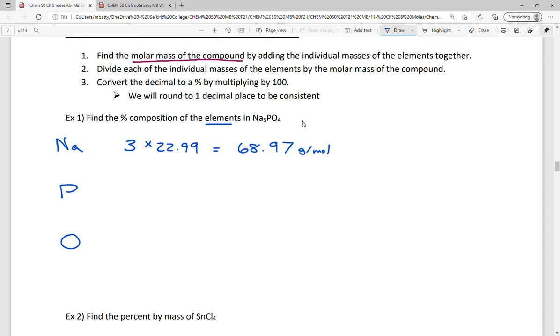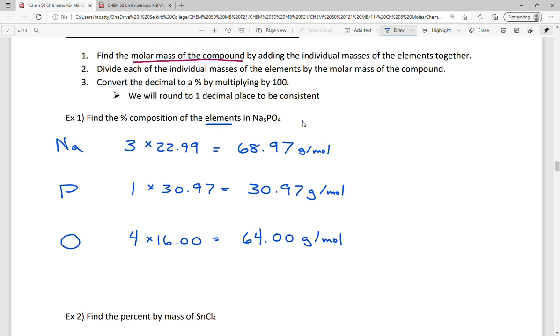And phosphorus, there's 1 part phosphorus at 30.97, so that's just 30.97 grams per mole. I like doing it like this because it mirrors what you've already done, and I think that's handy for building knowledge and understanding. So the molar mass component that is oxygen is 64.00 grams per mole.